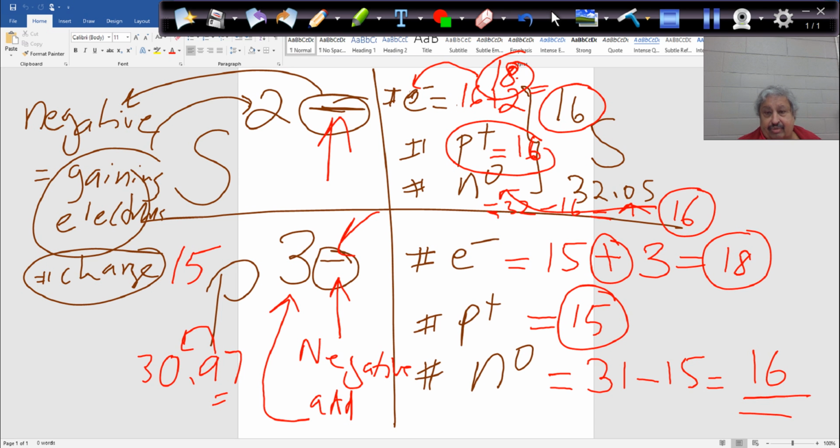That's the general rule. I will write the rule here. Hold on. Can I take this one out first? Yes. Negative charge, you have to add the number of the charges. If you have positive, you have to subtract.